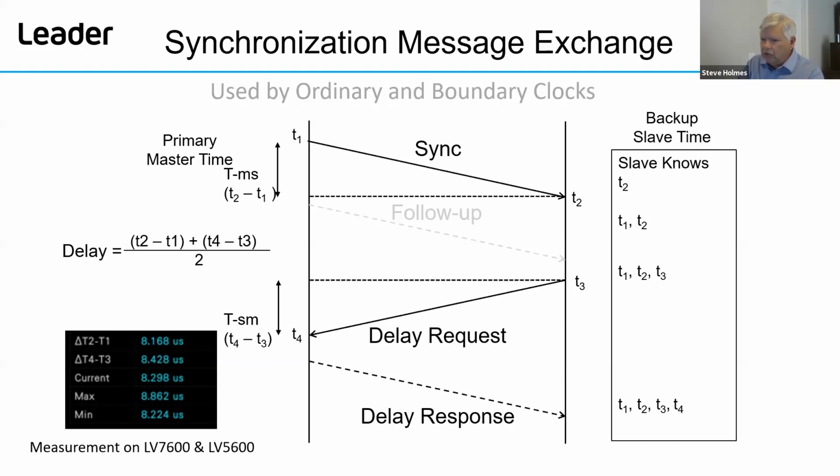So the slave now knows how much it needs to correct its time. And it's really handy to have the minimums and maximums of those two messages, because that will tell you when your network starts to get stressed. You want to keep an eye on those messages, as we'll see in just a second.